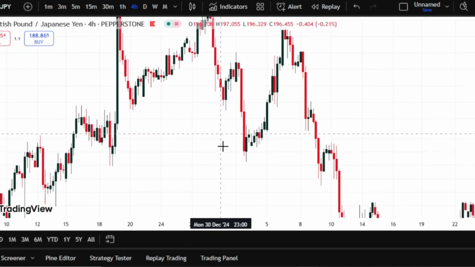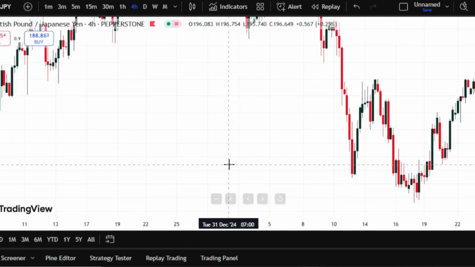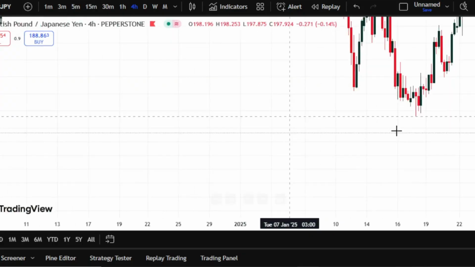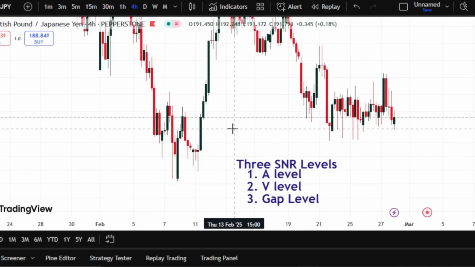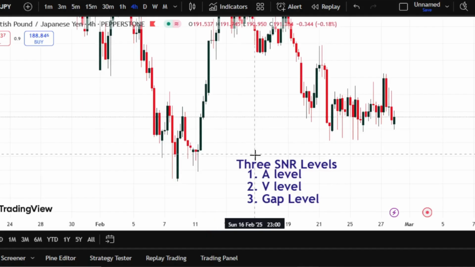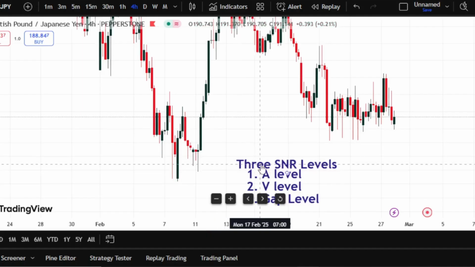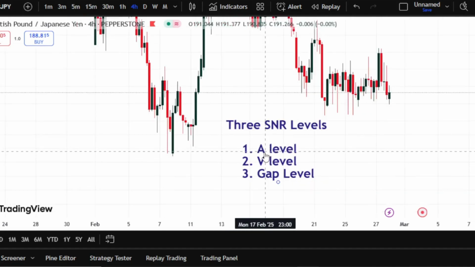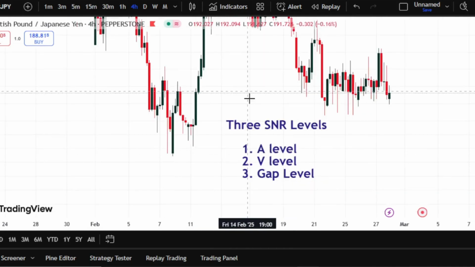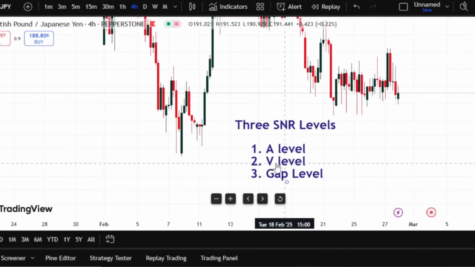So today we're considering the three SNR levels. Yes, there are three basic SNR levels, and we have them as follows. We have the A level, we have the V level, and we have the gap level.